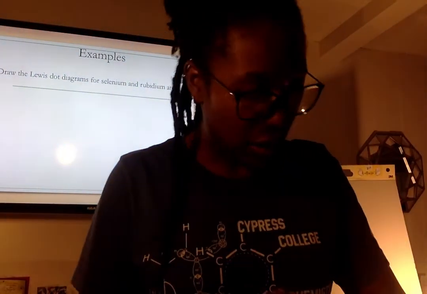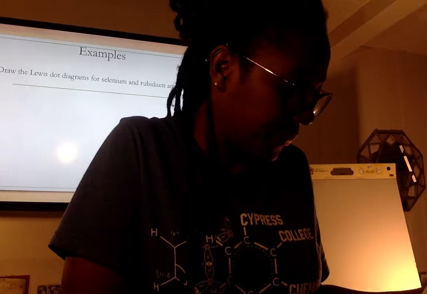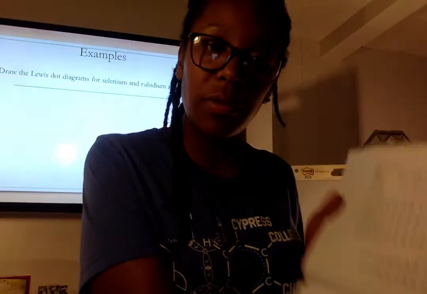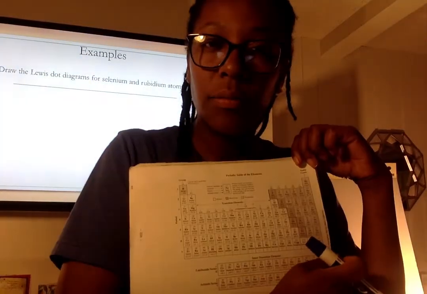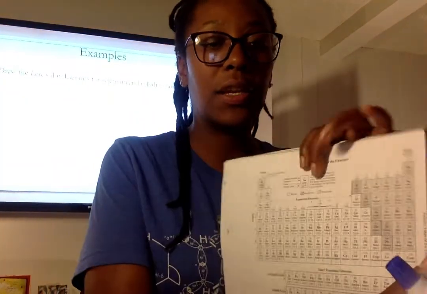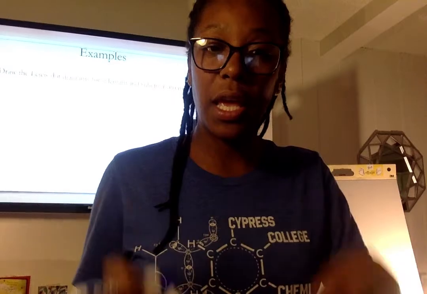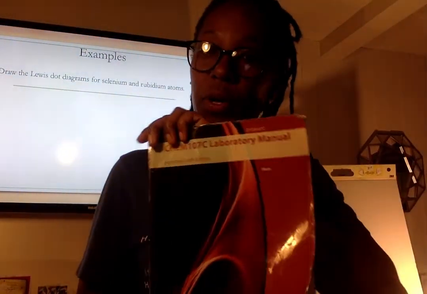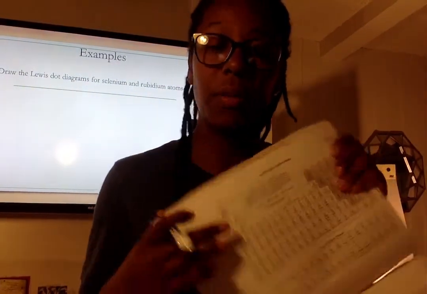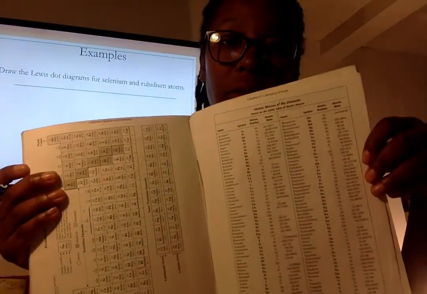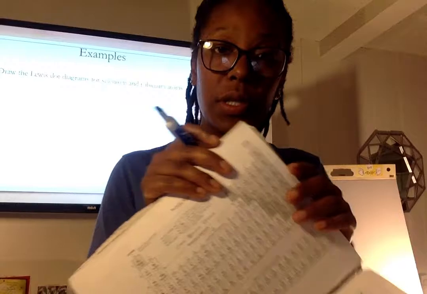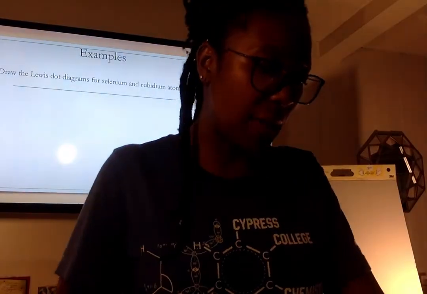Like I said in the last video, we all have a periodic table at the end of our lab notebook. It also has the list of the names of all of the elements with their symbols, just an FYI.